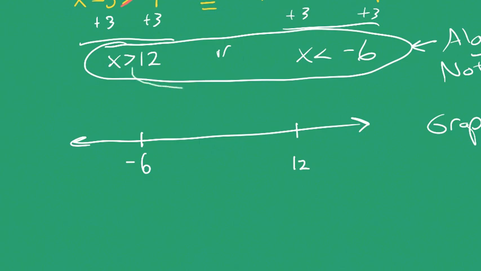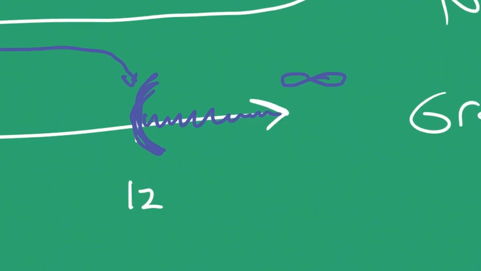And since it doesn't have the line underneath, we're going to go ahead and use a parentheses facing all those things, the 13, the 14, all the things greater than 12. And that goes up to 100, 100,000, a million, on and on up to infinity. And you might remember that for infinity, we use another parentheses.